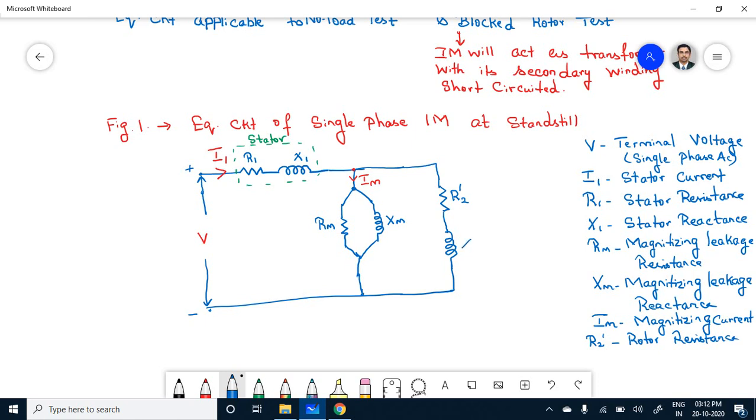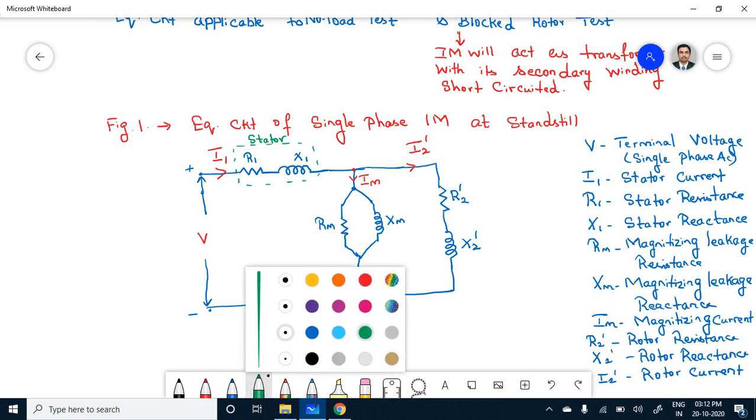Okay, and X2 dash stands for rotor reactance. Okay. And the current flows in the rotor I2 dash. This I2 dash stands for rotor current.